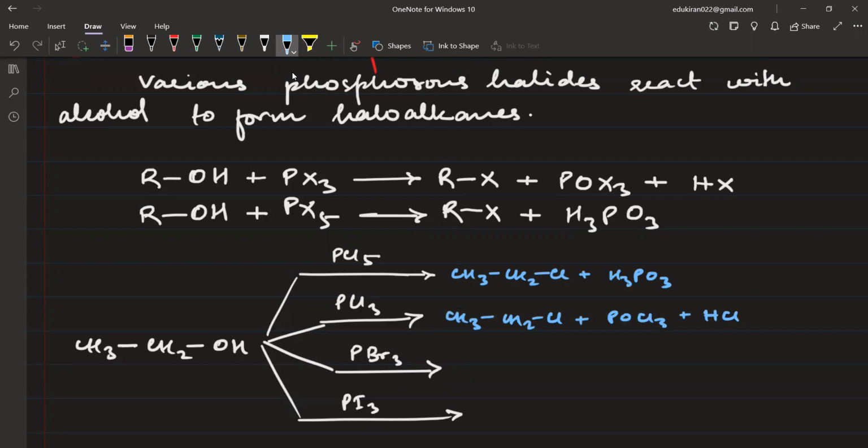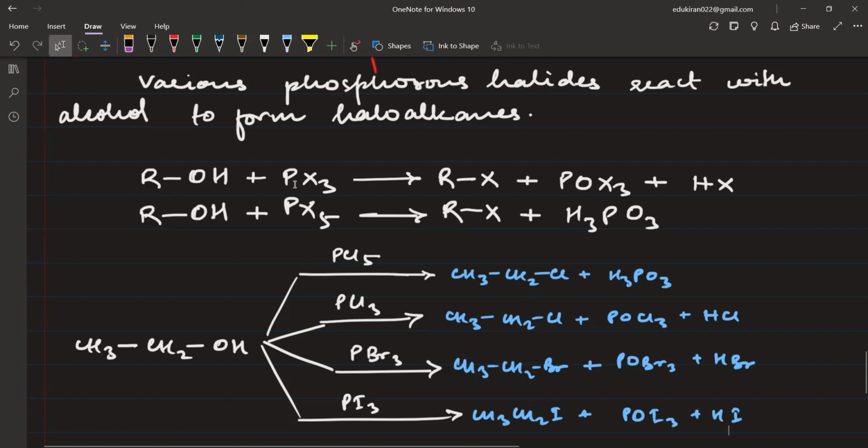Then with PBr3, it is going to form CH3, CH2, Br plus POBr3 plus HBr. With PI3, it is going to form CH3, CH2I plus POI3 and HI. Okay.